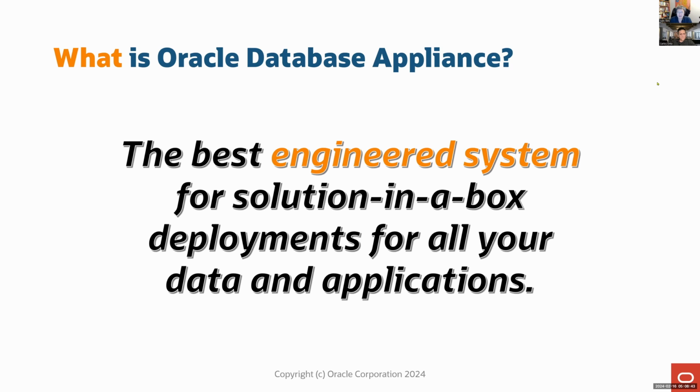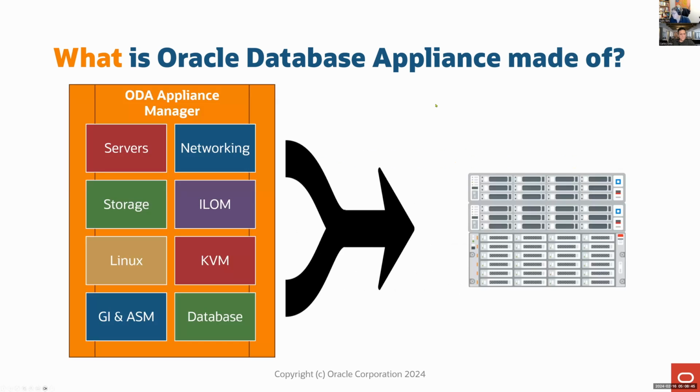What is an engineered system in terms of an ODA? What do we put inside an ODA to make it an engineered system? Well, it's fairly straightforward. We take some of our x86 servers that we have. We add networking into the mix. We put some storage into the box as well.